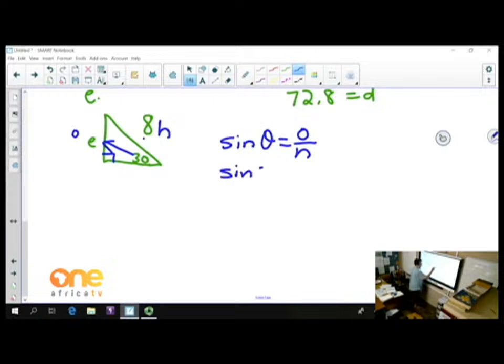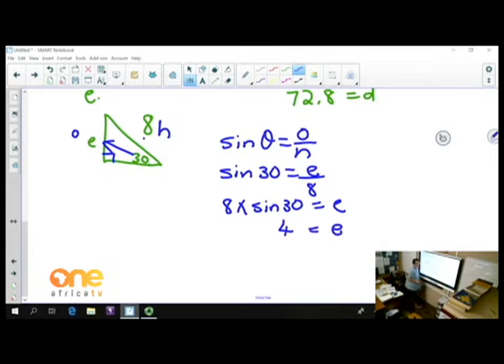Substitute. Sine 30 degrees is equal to E over 8. Which method? Top times. So 8 times sine 30 is equal to E. Use your calculator. 8 times sine 30 is equal to 4. So E is equal to 4.